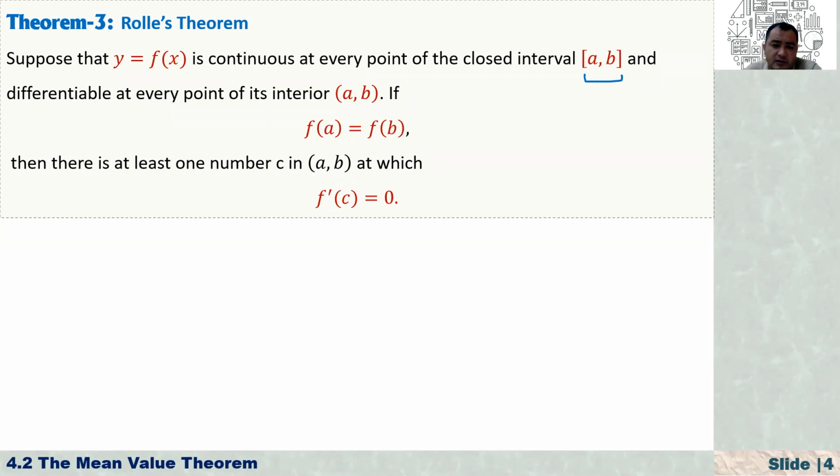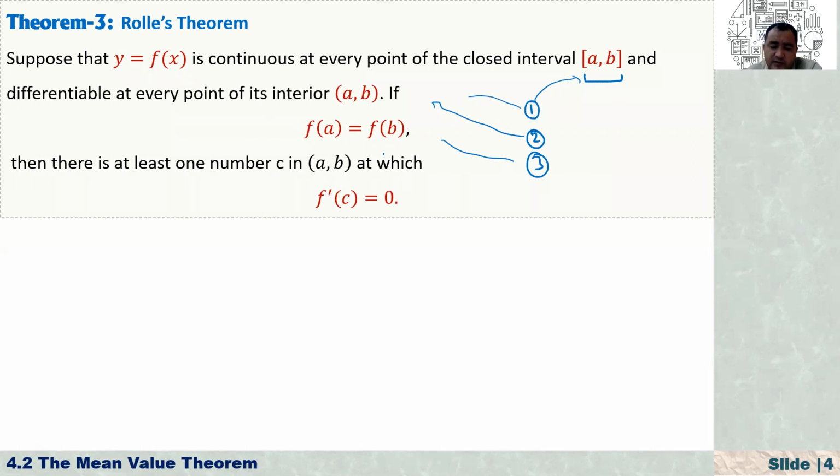And also we have one more condition: f of a is equal to f of b. So here we have three conditions, right? Number one, it is continuous over the closed interval. Number two, it is differentiable. Number three, f of a is equal to f of b. It means that the values of the function at the endpoints are equal to each other.